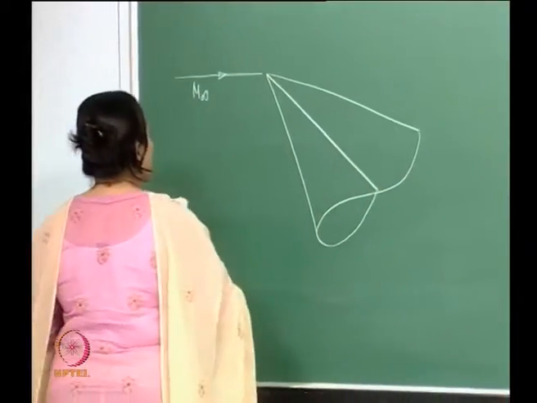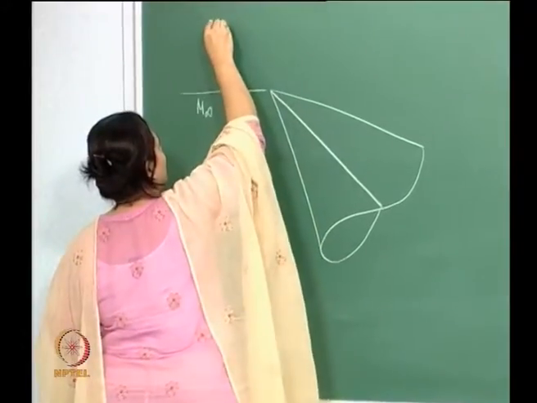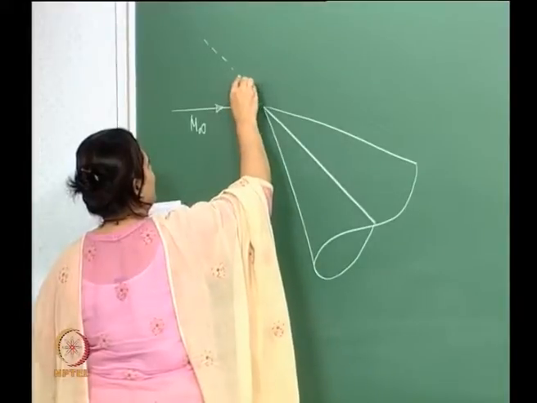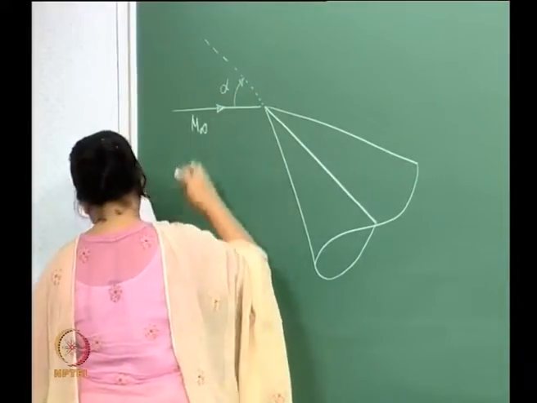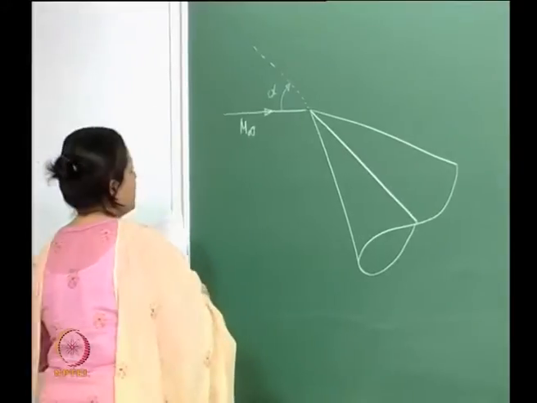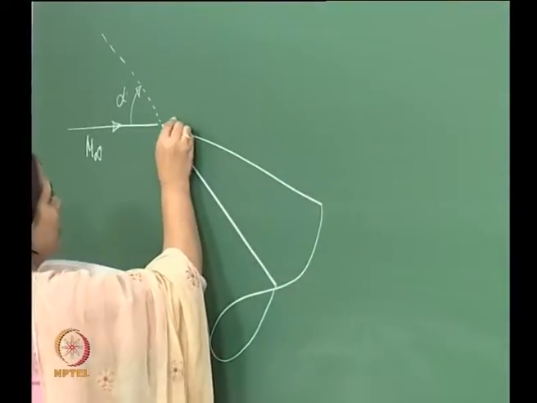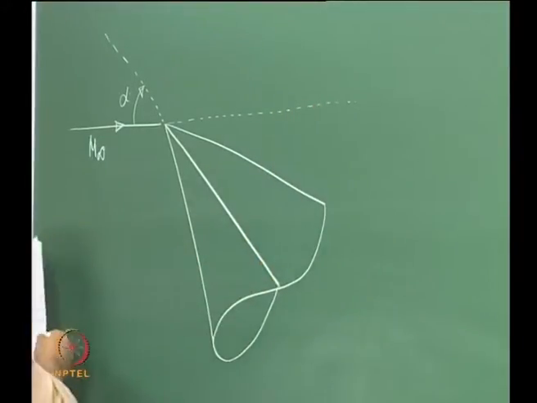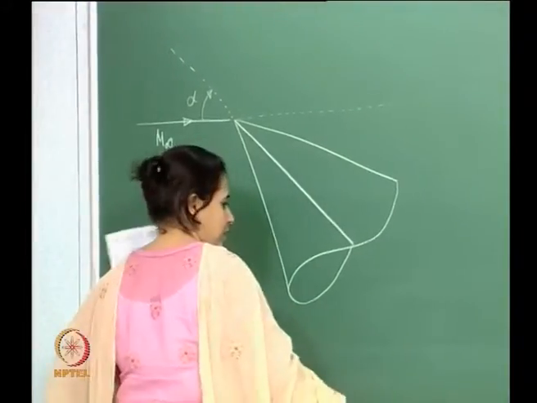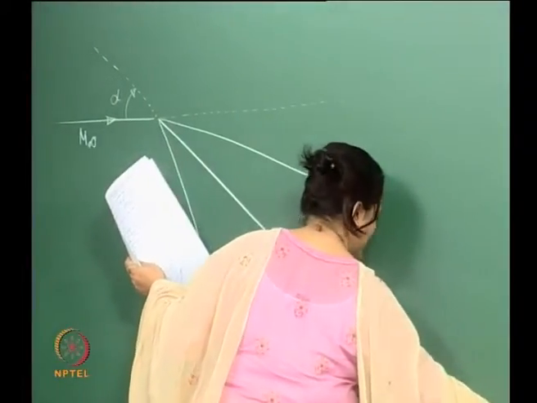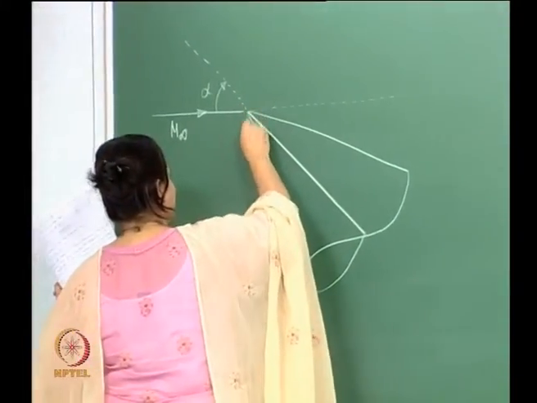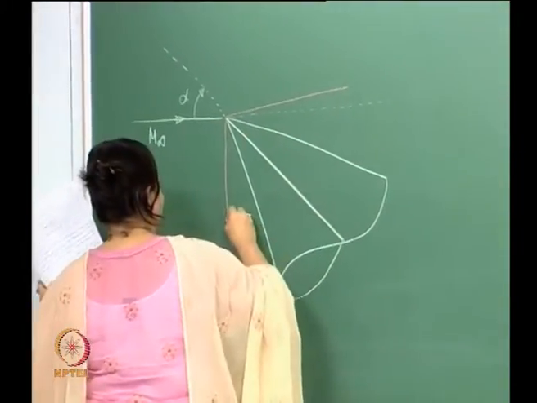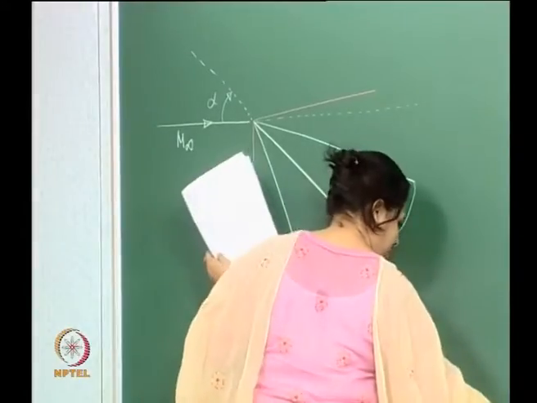This is our cone at an angle of attack, and this is our alpha, and we will have a shock structure somewhere like this. So this is our shock structure.